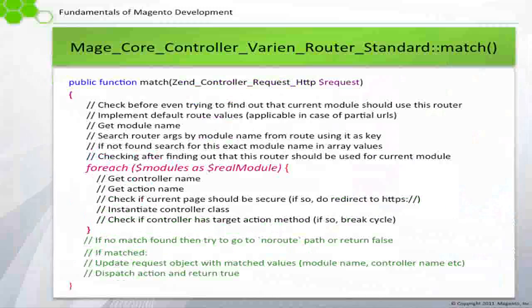So match, basically, again, we look at the path and we look at our configuration. In terms of processing requests: path, configuration, our module information, and the files that we have under our module. That's the gist of this slide.